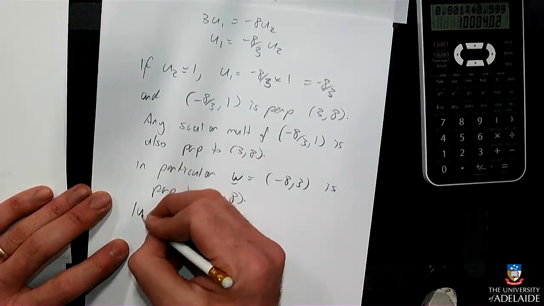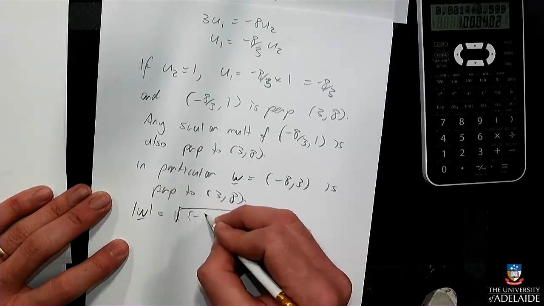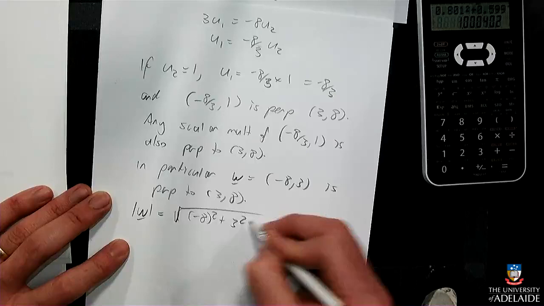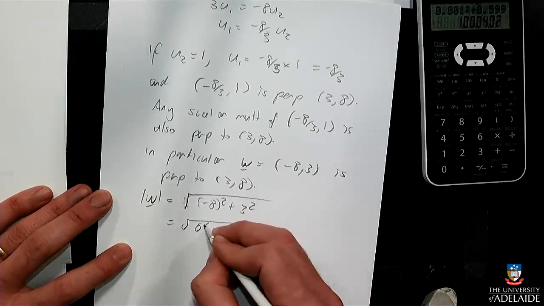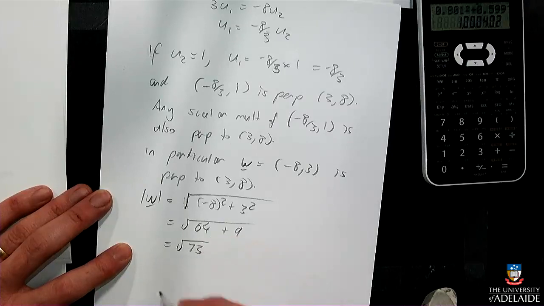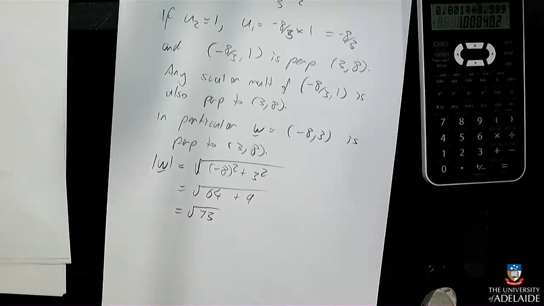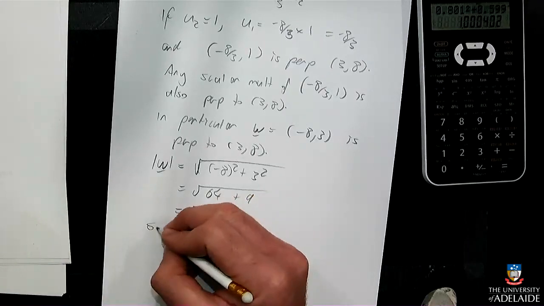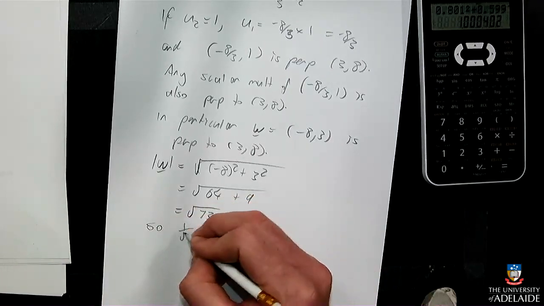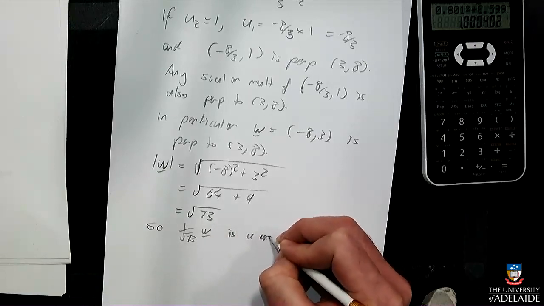So the length of w is the square root of minus 8 squared plus 3 squared, which is the square root of 64 plus 9, which is the square root of 73, which is not a square number and nothing nice goes into it, so I'll have to leave it with that. And so 1 on root 73 w is a unit vector.